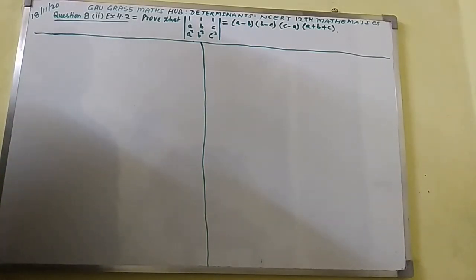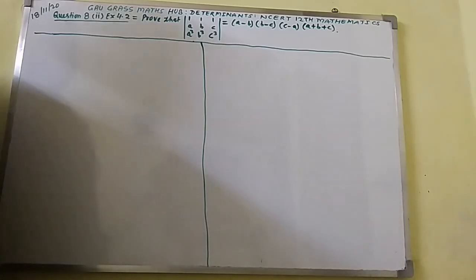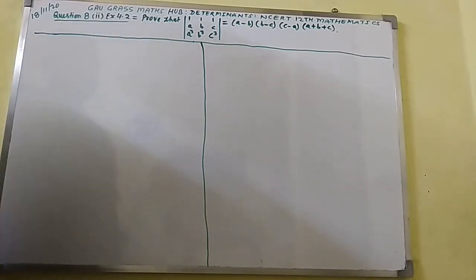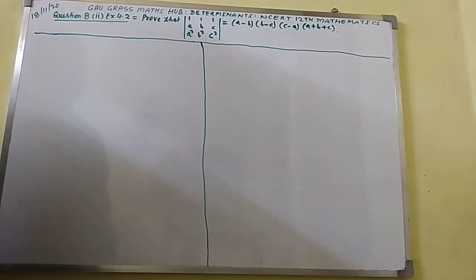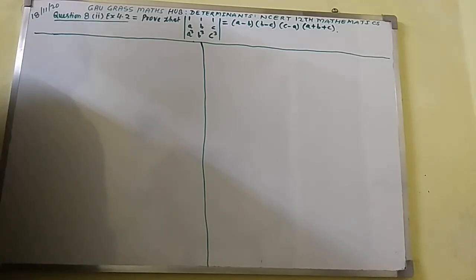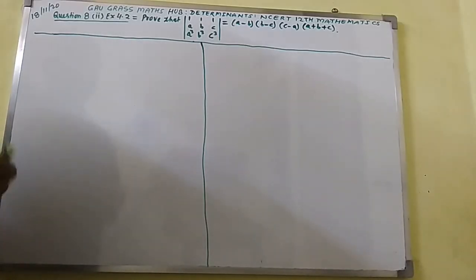Question number 8, Roman 2, Exercise 4.2: prove that the determinant with first row 1, 1, 1, second row a, b, c, and third row a cubed, b cubed, c cubed equals (a minus b)(b minus c)(c minus a)(a plus b plus c). This is the question I am going to discuss here.